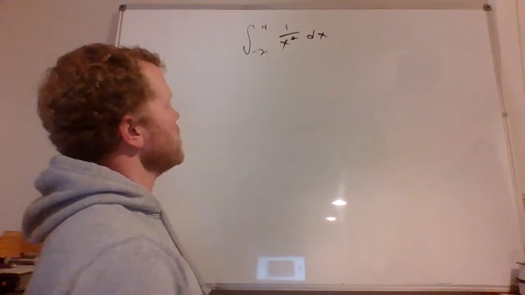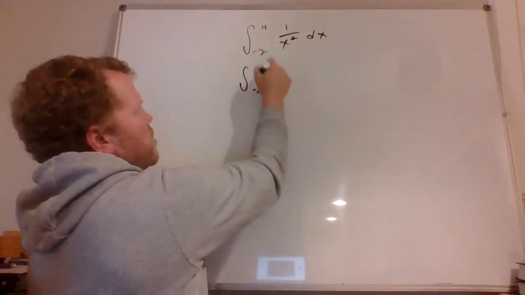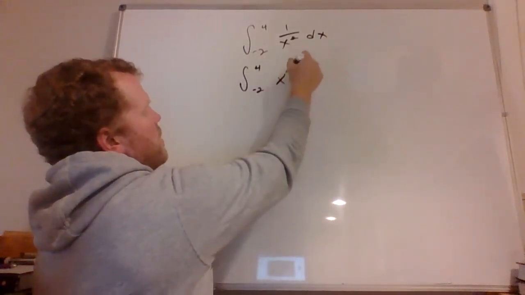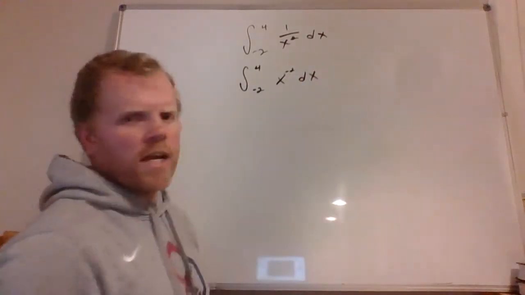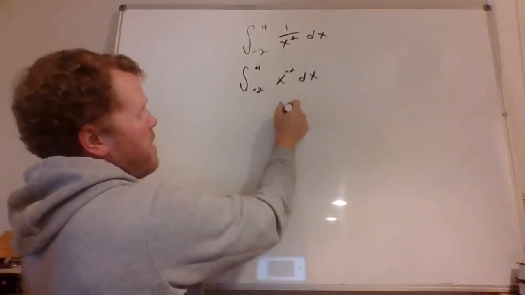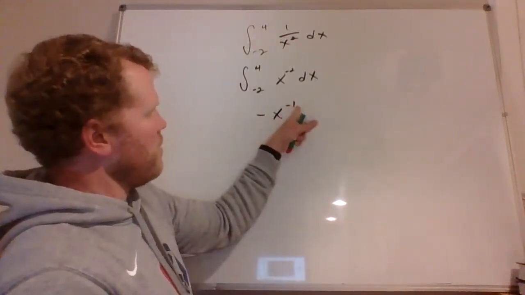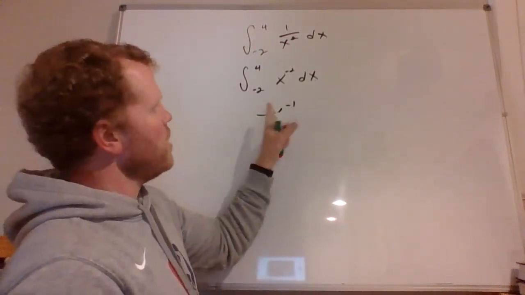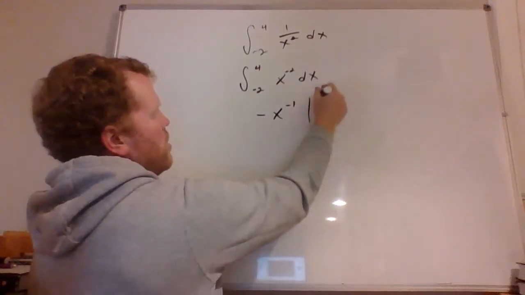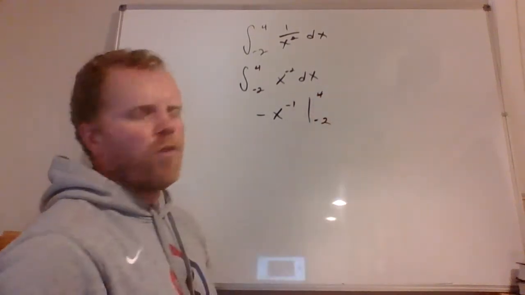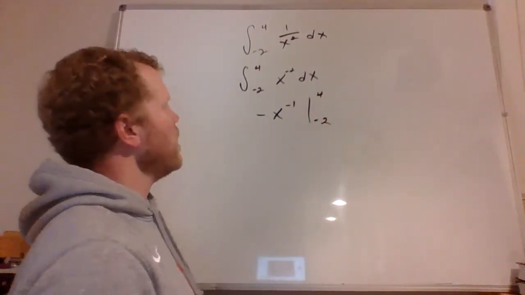Instinctively, you probably just pop this up as x to the negative second. You bump the exponent up by 1, divide by the new exponent. Again, double check this. Negative 1 makes that a positive 1. Subtract 1 from this. We're good. Notationally speaking, 4 and negative 2 go in there, and then we're good.